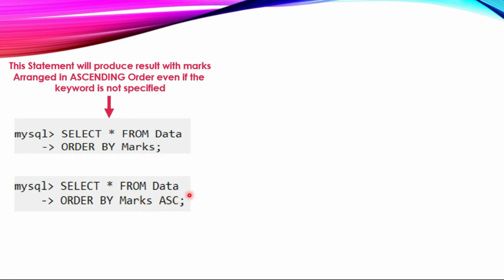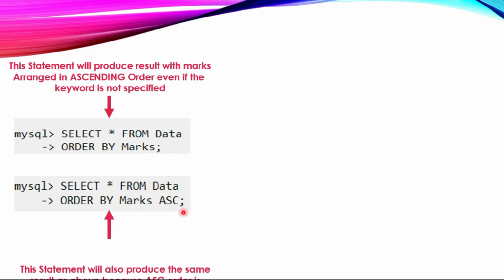Here is the example. Select star from data, order by marks. Now here this statement will provide result with marks arranged in ascending order, even the keyword is not specified. Now here I am not going to specify ASC or DESC. Still it is going to give me the output in ascending order. Now here in this query you can see here order by marks ASC.